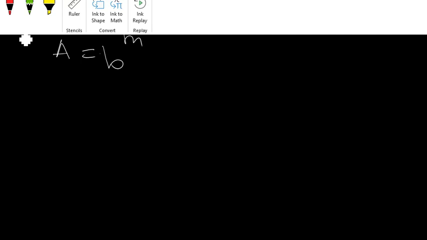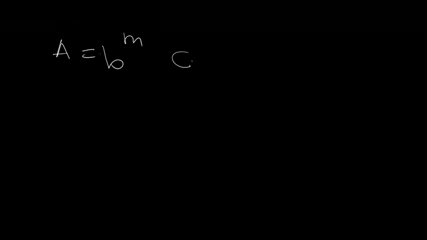Letter c is b to the power n, and now we first start by writing these in log form, as I told you there.